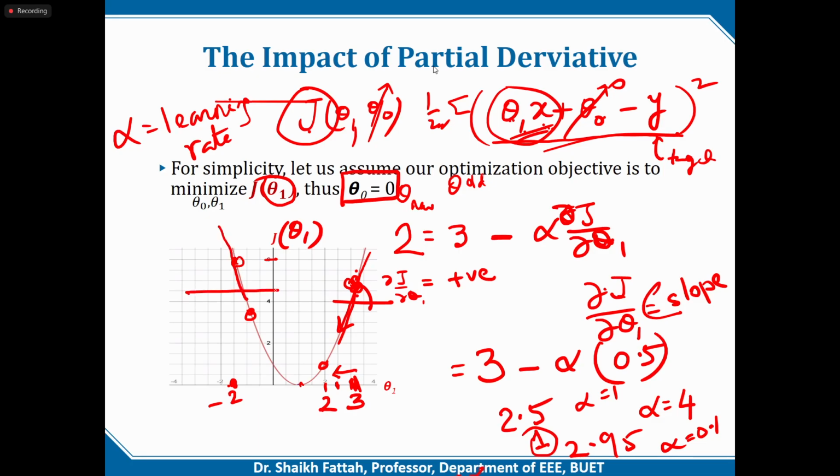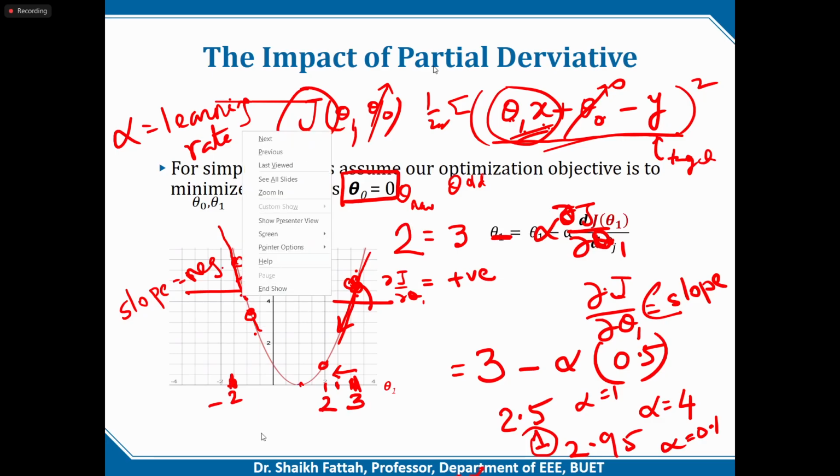This slope is negative. Here also negative.